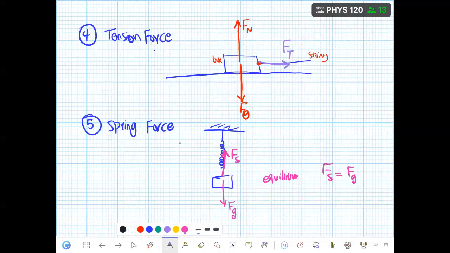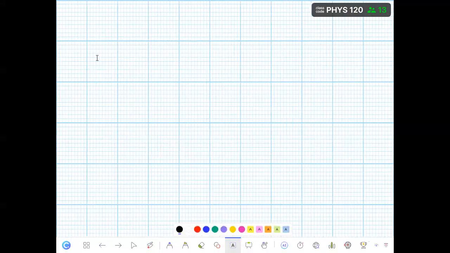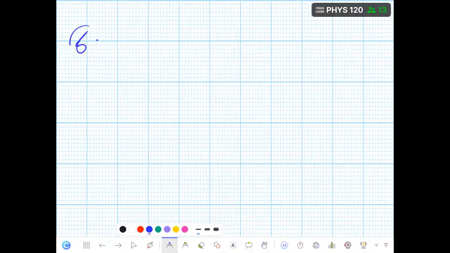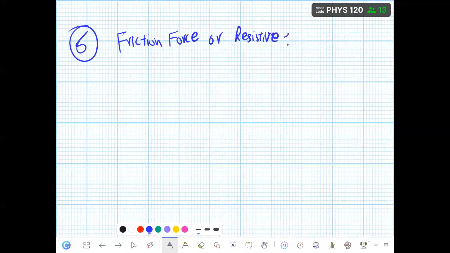The last one, number 6, friction force, or resistive force, or dissipative force.